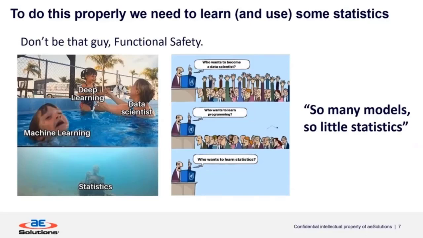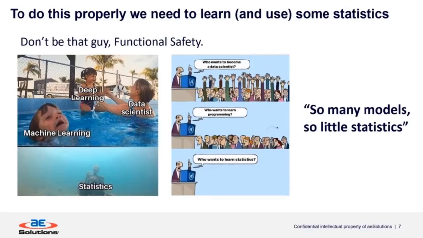We have all these models, and we're creating all these different ways to describe risk, and all of our fancy models and all the parameters we put into them, but we feed junk into them, and that's represented by the statistics here.